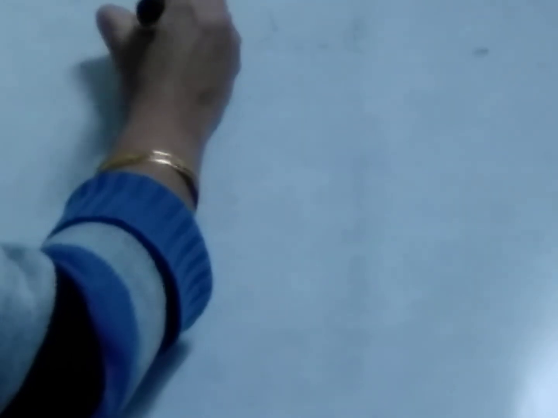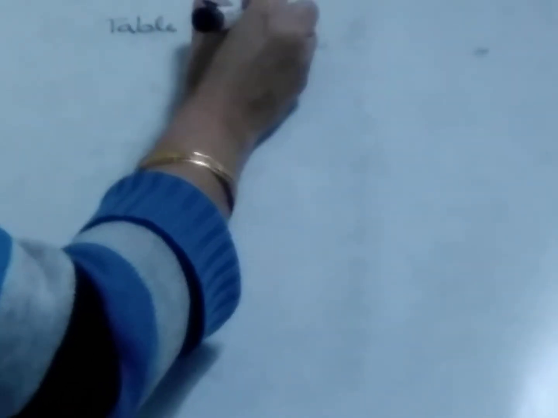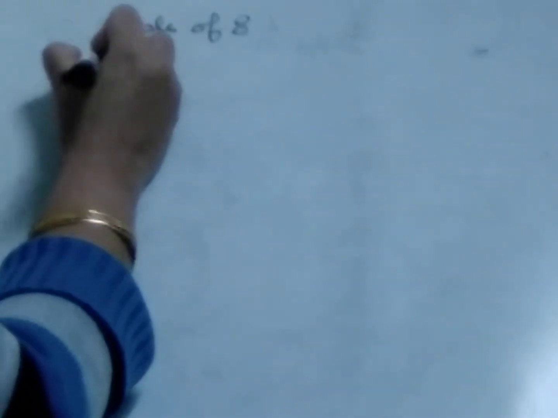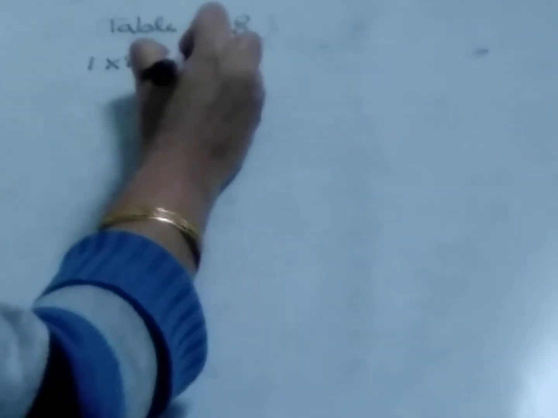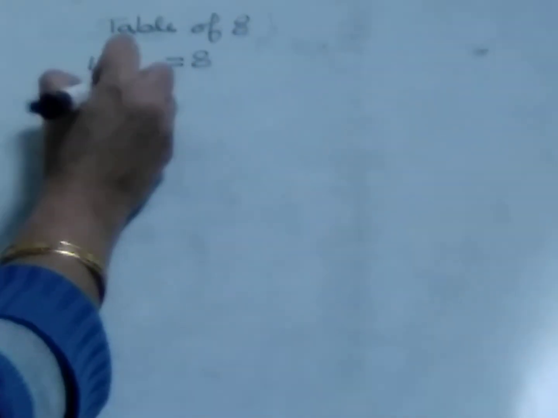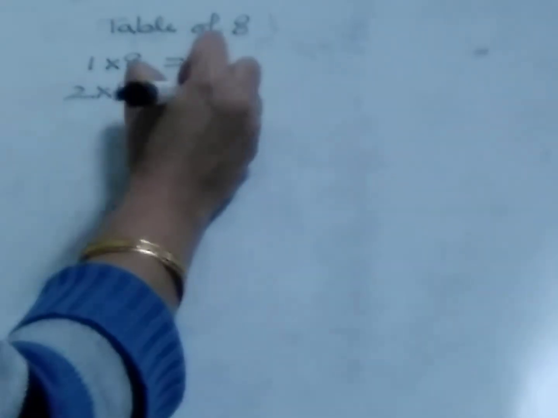Similarly, we can complete the table of 8. You can add one group of 8 gives you 8. 2 groups of 8, 8 plus 8, 16.